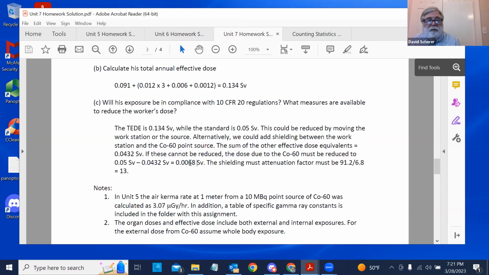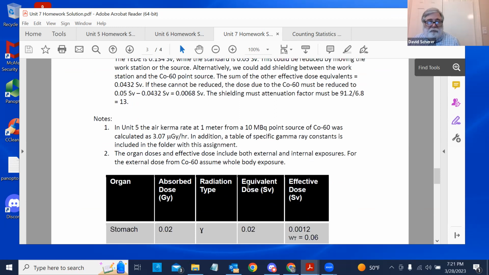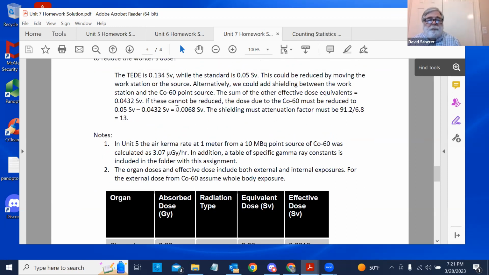It's 0.68 rem. That's how much that external exposure has to be, assuming the internal doses can't be reduced, but we have to reduce it enough to get the overall total below 5. So we're at 9.1 rem. We want to get to 0.68 rem. That means you have to reduce it by a factor of 13.